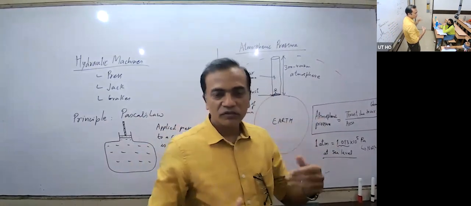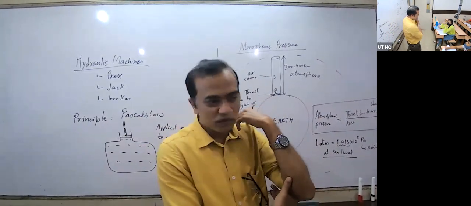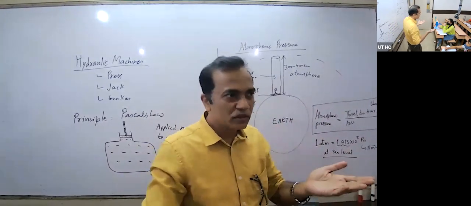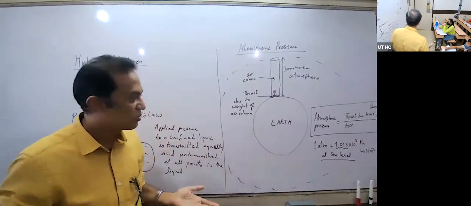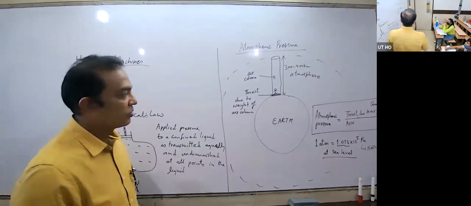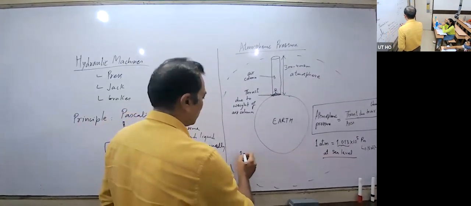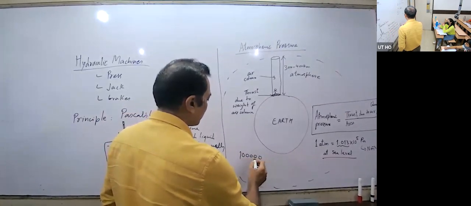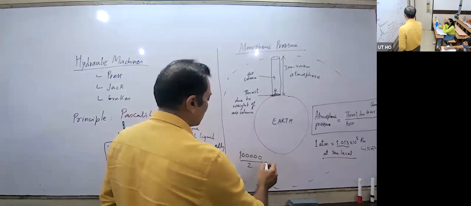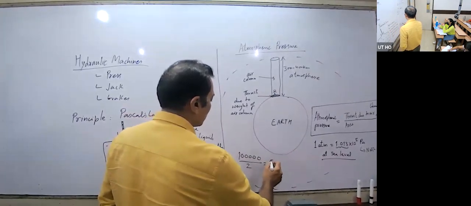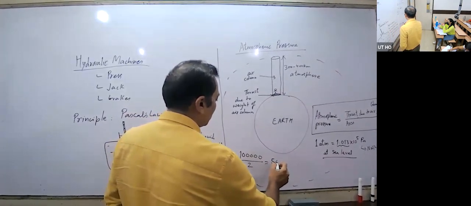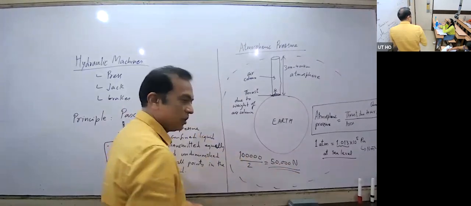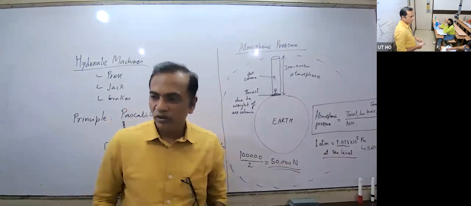What is the surface area of a human being? Roughly 2 square meter, 1 meter ahead, 1 meter behind. So our surface area is roughly 2 meters square, right? So this is like 1 lakh divided by 2, which is almost 50,000 Newton. Meaning there is 50,000 Newton kept on us.